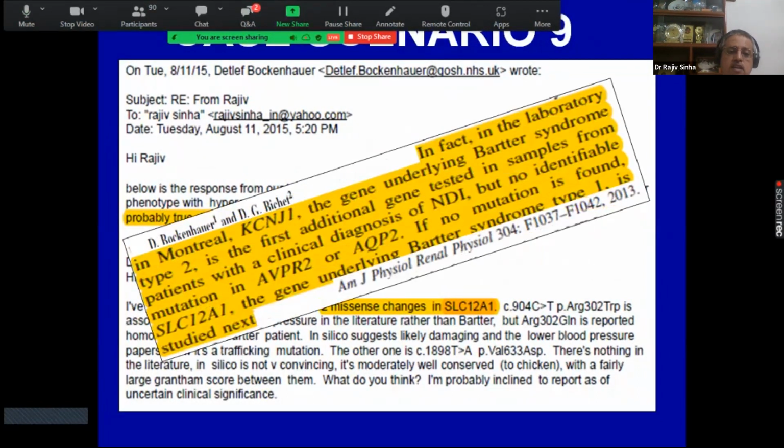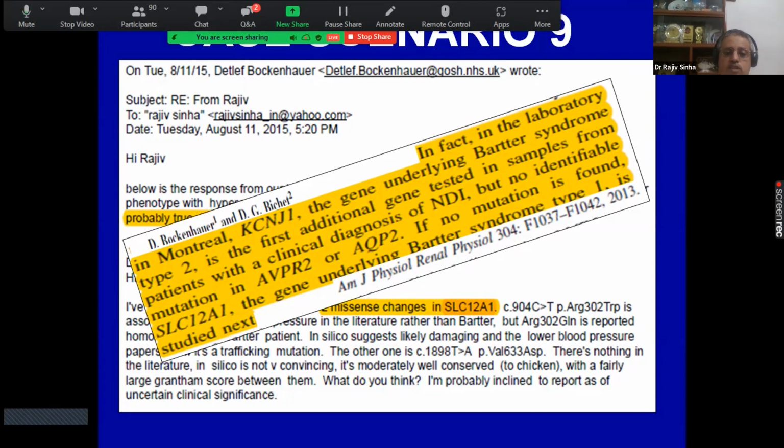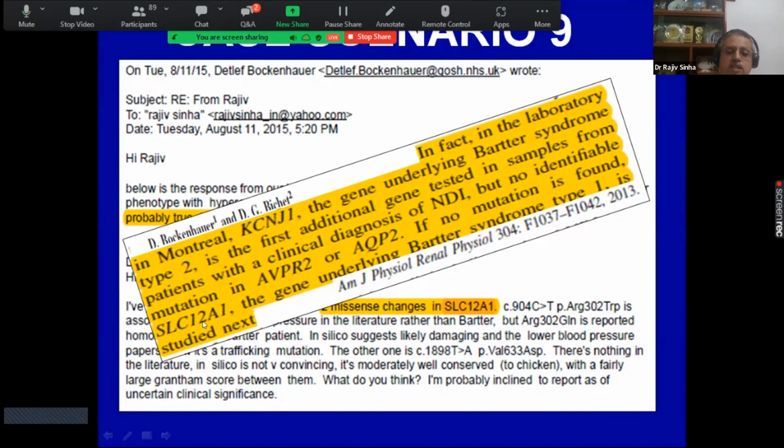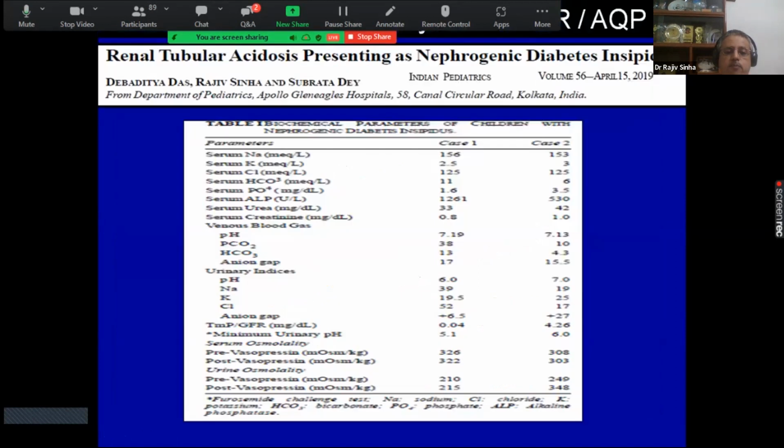And in fact, what he said is that in Montreal, which is the sort of mecca for NDI, if you are not finding a mutation in the vasopressin or the aquaporin gene, then the next gene that they look for is the Bartter gene KCNJ1, followed by SLC12A1. And both our child as well as the one described by Krishnamurthy had a mutation in SLC12A1.